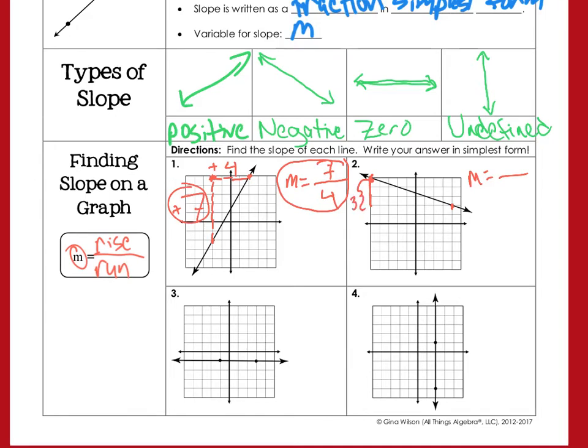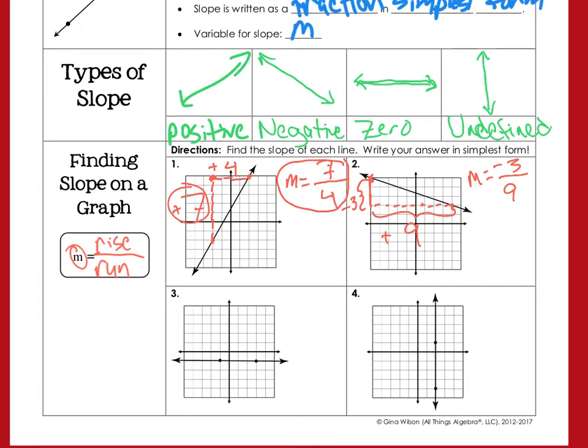Now, I went down, though, didn't I? So is that positive or negative? I hope you're saying it's negative. We definitely went down, so it's definitely a negative number. As far as run goes, how far over did we go? 1, 2, 3, 4, 5, 6, 7, 8, 9. Look at that. We went to the right 9, meaning that's positive. So I have slope is equal to negative 3 over 9, and we want to simplify this.